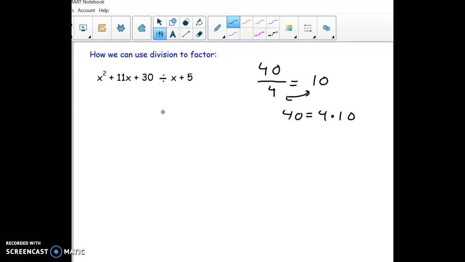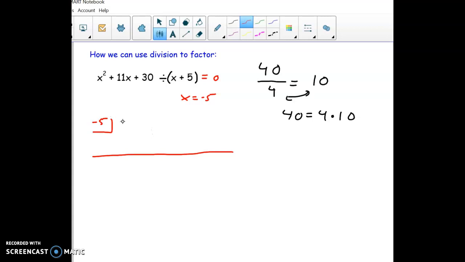Similarly, if we know that this was a factor, that it evenly divided it, then we would know one of our answers is negative 5, like we did before. If that's a factor, set it to 0 and get negative 5. So knowing that that's an answer, we can take that answer and synthetically divide it out and then solve what remains.